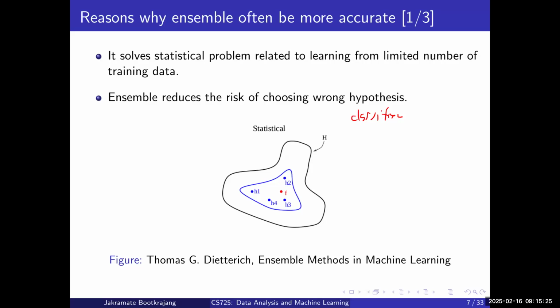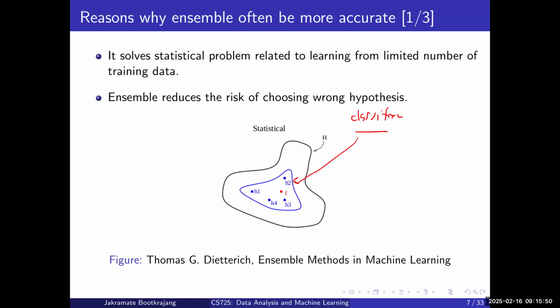And if we only have to pick one hypothesis, we have this hypothesis space, H, here. I just drew an enclosed space, but this is the space of hypotheses. When you do some training, your one classifier is going to be one of these dots.